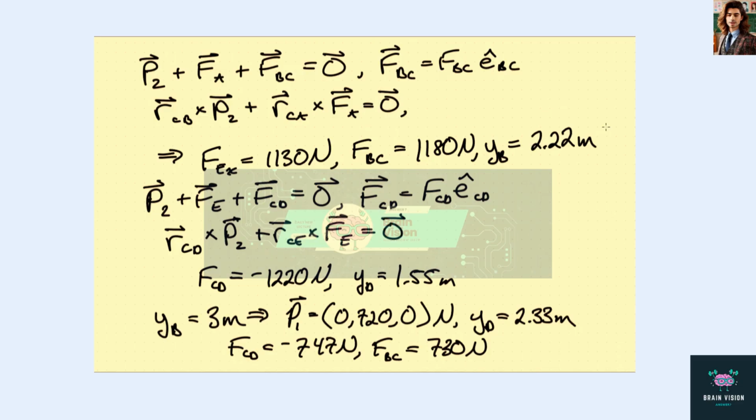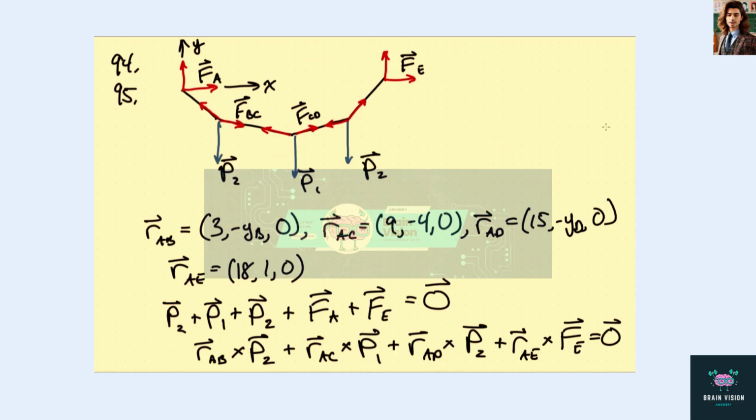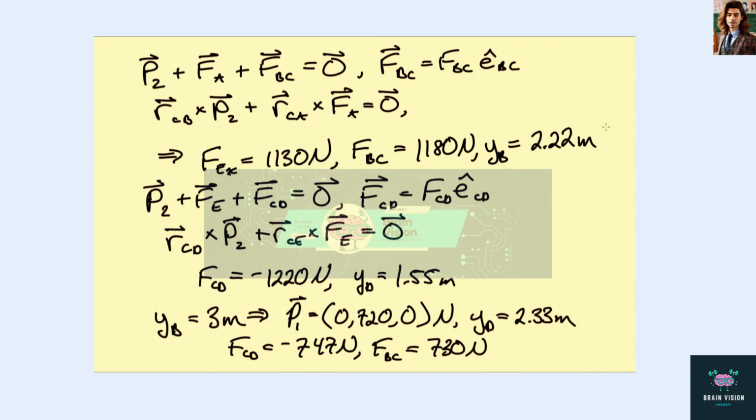So to find YD, we can take another section, and now we're going to take a cut here and just look at this free body diagram. In that free body diagram, we have P2, FE, and FCD acting. FCD has a magnitude and is in the direction from C to D, and we can figure that out in terms of our position vectors.